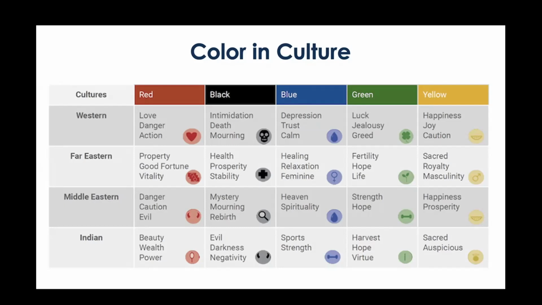But in the Far East, it's health and it's prosperity. So you have got to know who your audience is and be sure that if you have an international audience, you are aware of what the colors mean in that particular part of the world or that particular sector of your audience, because you want to make sure that you are giving the correct messages to your audience.